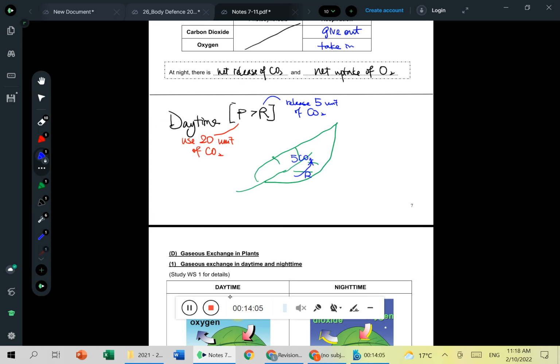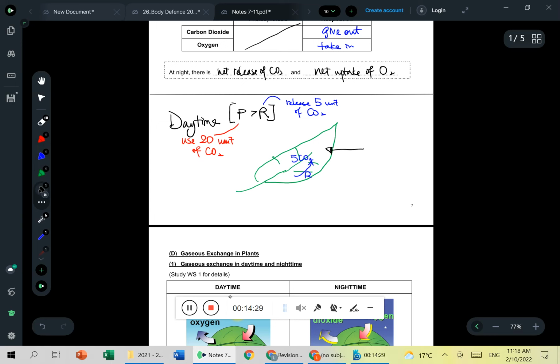So my next question is, how much CO2 does the plant need to uptake from air? The answer is not 20, but it's only 15.